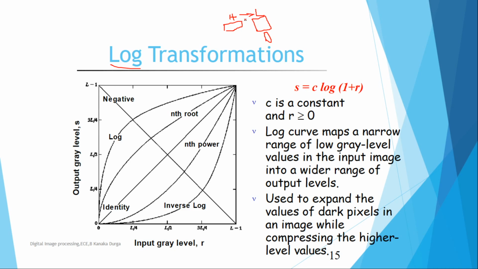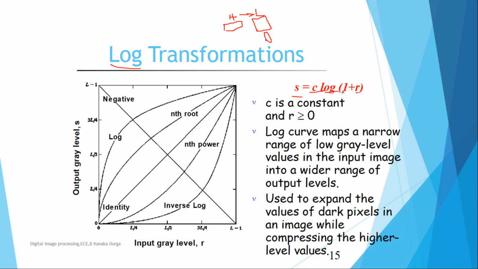For the log transformation, we compress the values with respect to the function S equals C into log of 1 plus R, where R is the input intensity value and C is a constant. We consider 1 plus R in order to avoid the infinity condition of log.